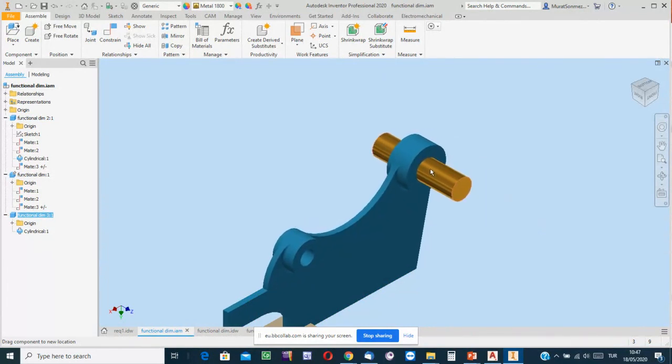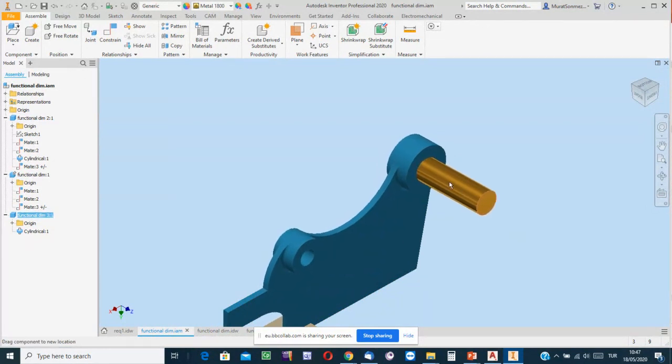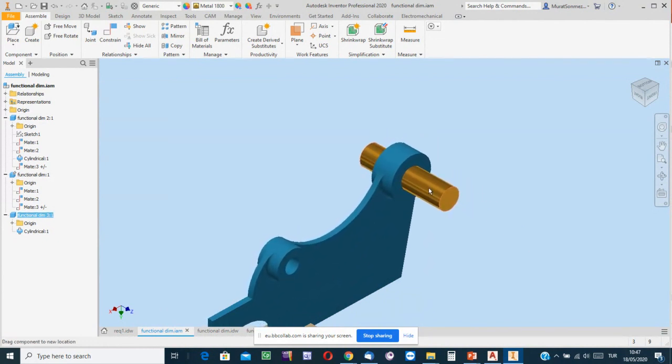Well, if we arbitrarily size the cylinder without considering the size of the hole, then when we attempt to mate it, assemble it, we may fail. Or it may fit, but with a very great clearance, or undesirable great interference.